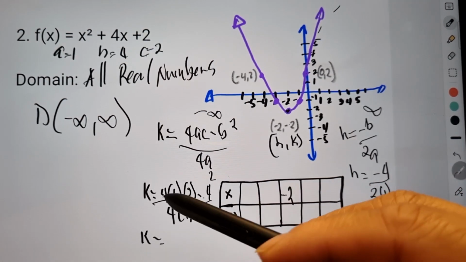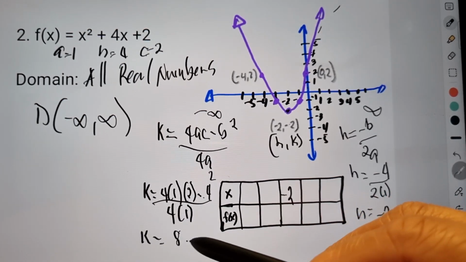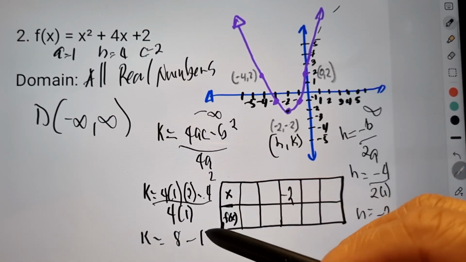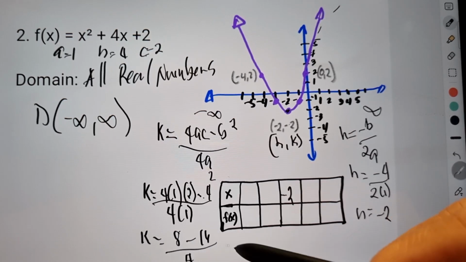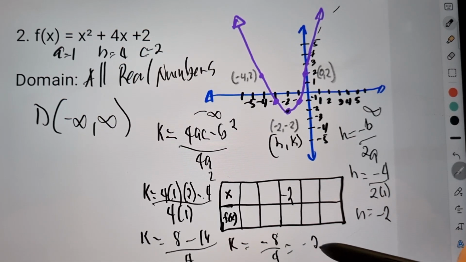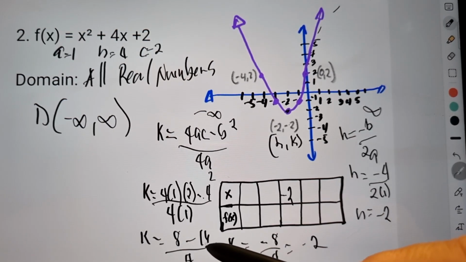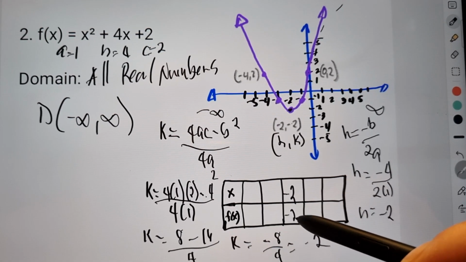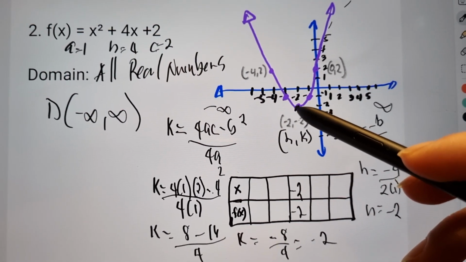So k is equal to 4 times 1 times 2, that is 8, and then 4 squared, that is 16, divided by 4. K now is equal to negative 8 over 4, which is equal to negative 2. 8 minus 16, that is negative 8, divided by 4, negative 2. So, negative 2. Kaya nandito yung starting point natin lagi.